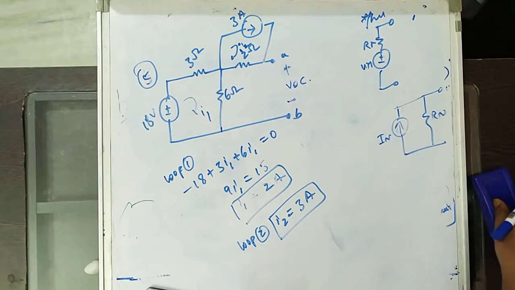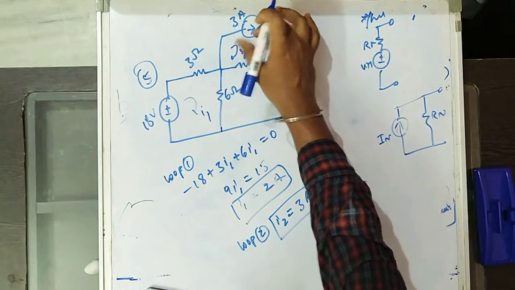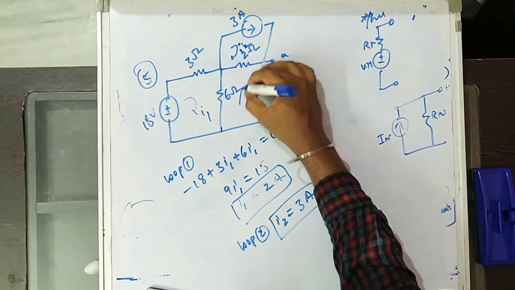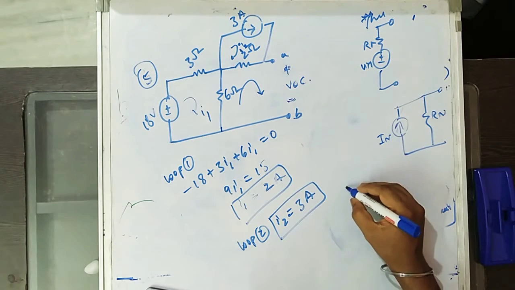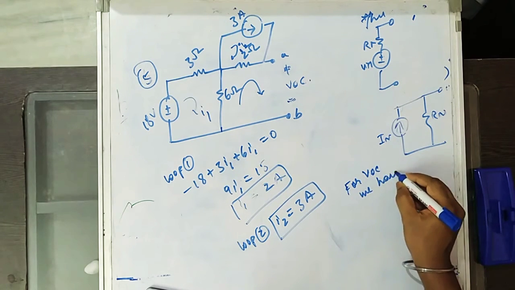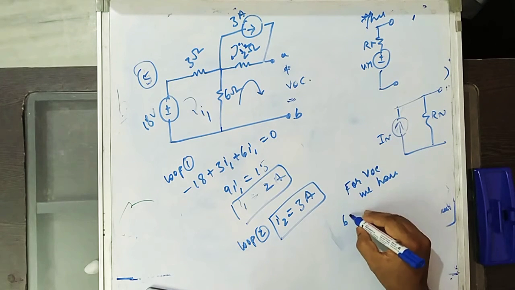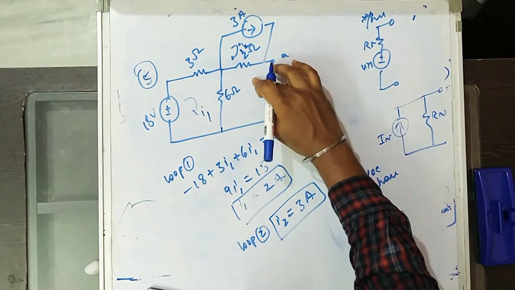Now the main thing here is we want VOC. You got I1 and I2. So to find VOC, here we'll take a loop equation. For VOC, we have 6 into, so you are taking the loop equation in this form.